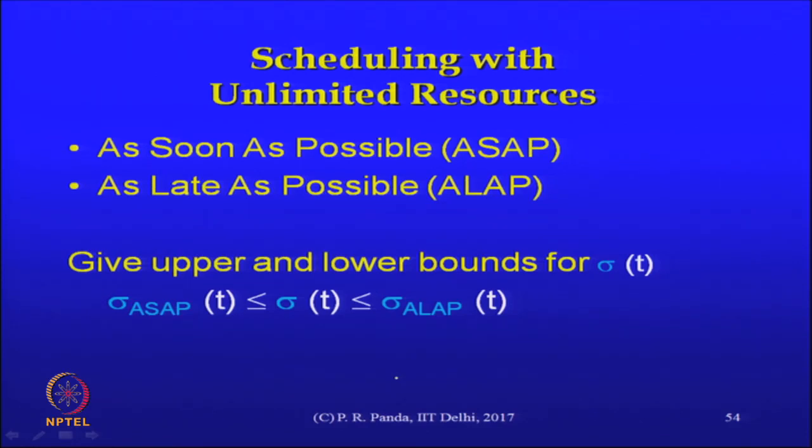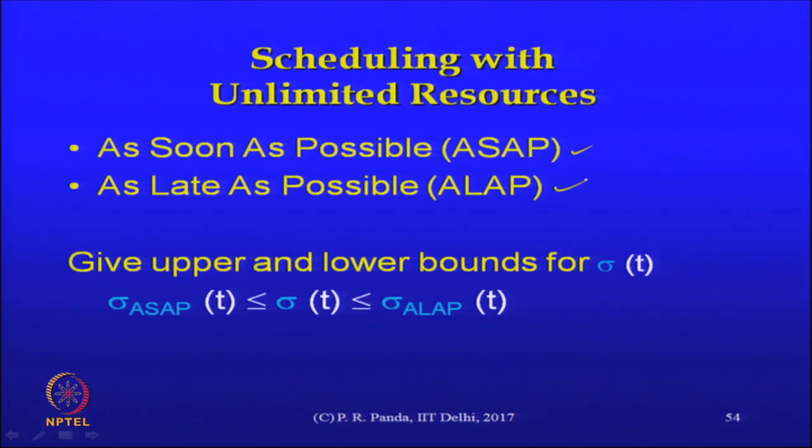So, the algorithm that we will look at is one variation of a number of different strategies you could take to perform scheduling, but this is chosen because it illustrates several principles along the way. That leads to first a computation of an as soon as possible schedule and an as late as possible schedule, that is the ASAP and the ALAP.